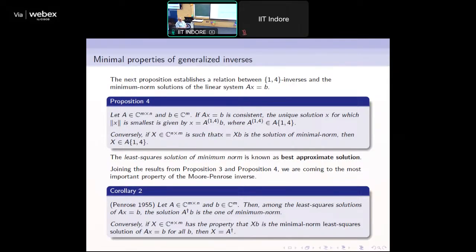Of course, it is sometimes possible to find some {1,3} inverse which gives a smaller residual norm of AX minus B. But the Moore-Penrose inverse is unique. {1,3} inverses are not unique, so it is always good to use the Moore-Penrose inverse. Finally, many programming languages possess standard functions for computing the Moore-Penrose inverse.